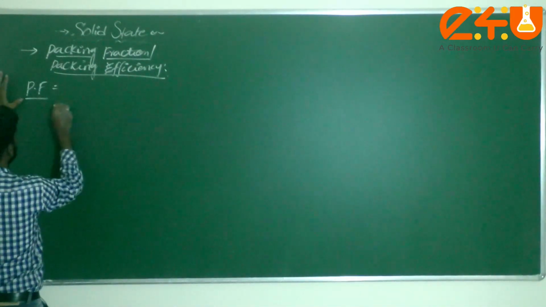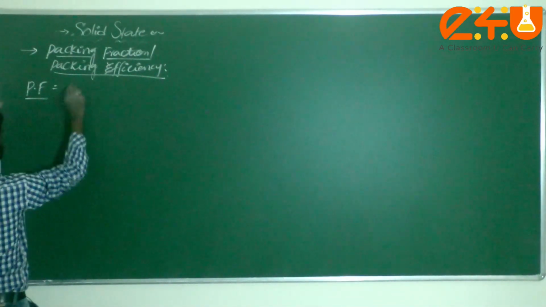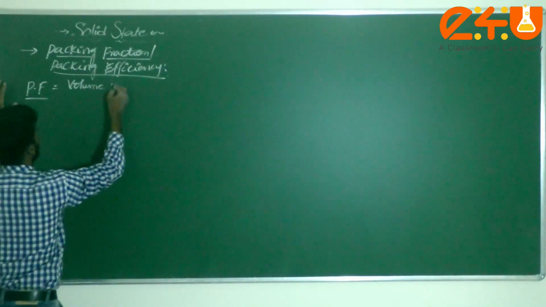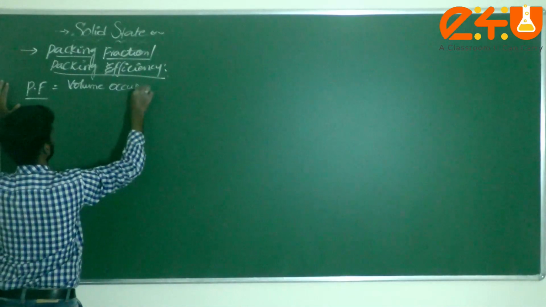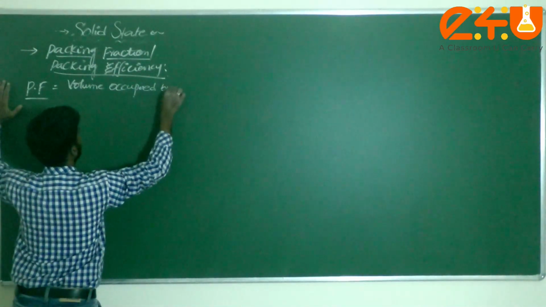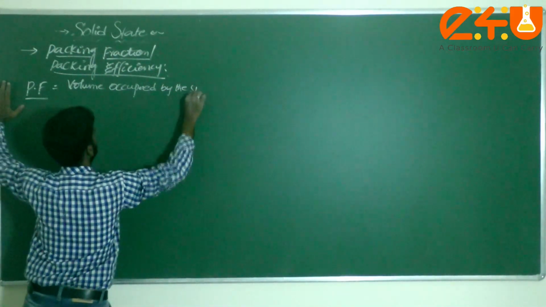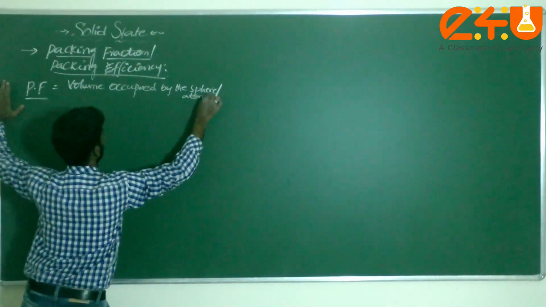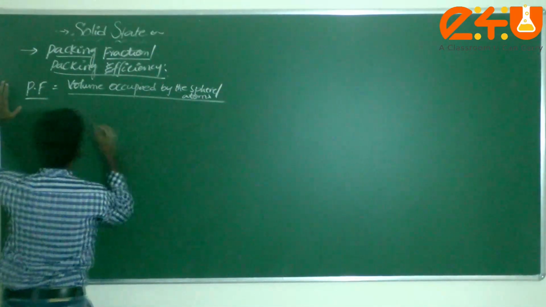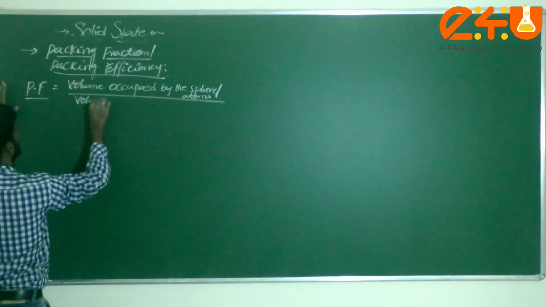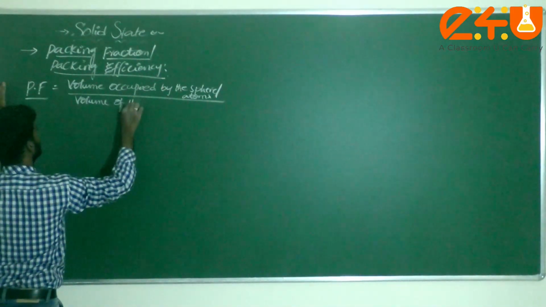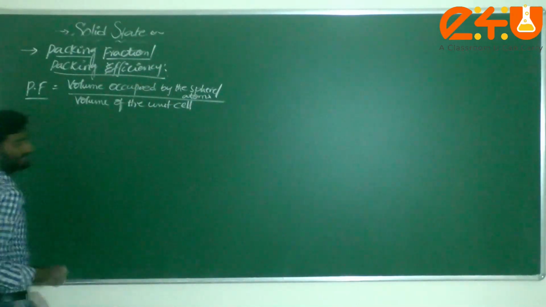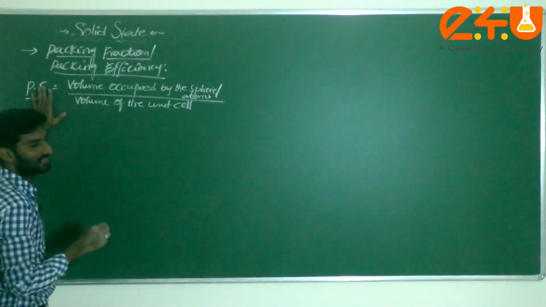Let me write the definition, the packing fraction formula. The volume occupied by the spheres, also called atoms, divided by the volume of the unit cell. This is called packing fraction.